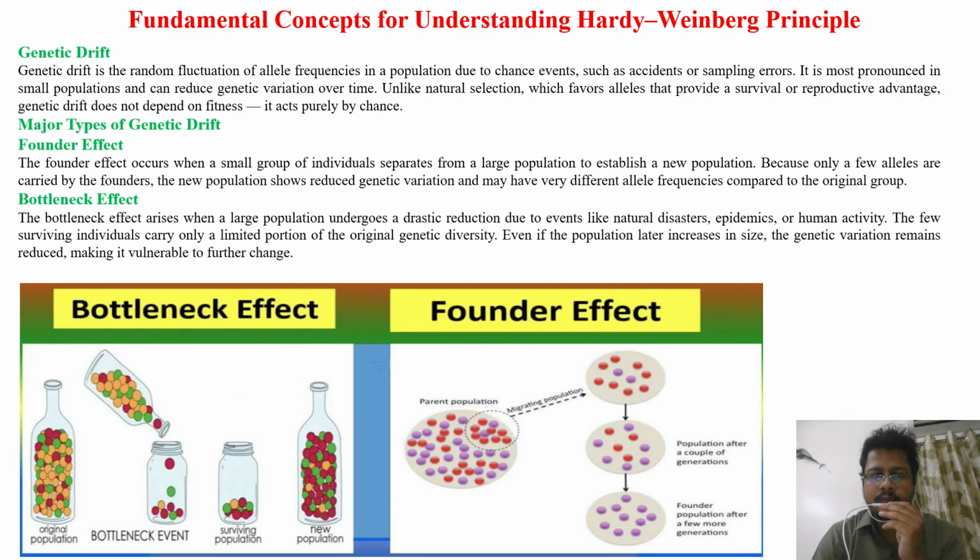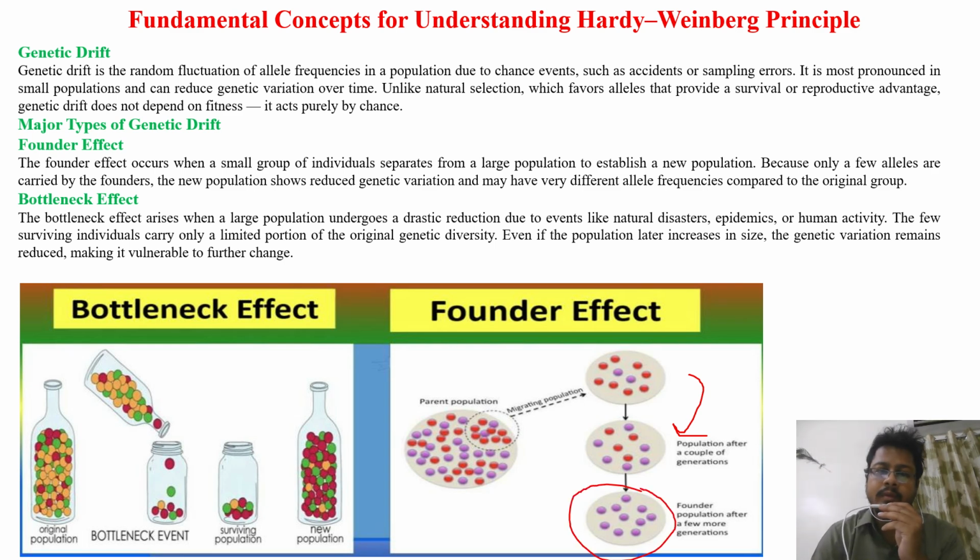That is a majorly migrating population. So after a few generations, this blue population shifted and inhabited a new place. So they reproduce among themselves, and after a few generations, we found that there are only blue alleles.